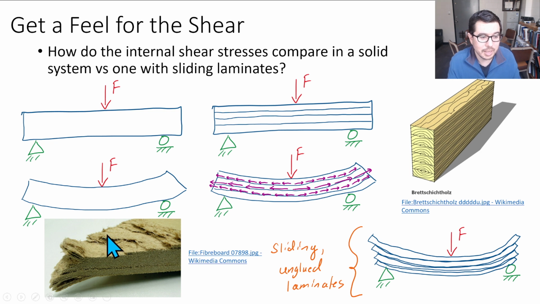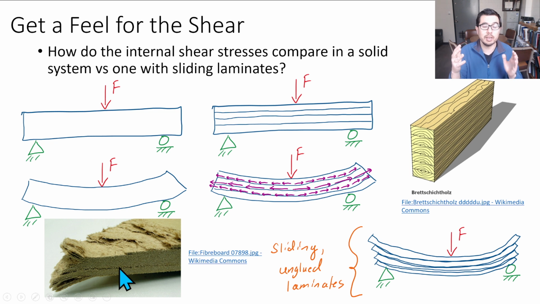We can see there's tearing here and tearing there, so there was likely a lot of bending stress near the top or bottom surfaces, which is what we expect, but there may have also been some internal shear stress near the neutral axis, and that's what you see here with this torn region in the middle.